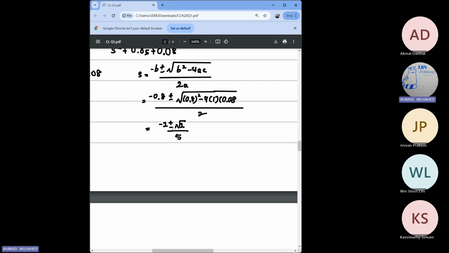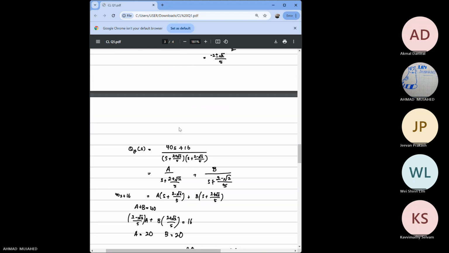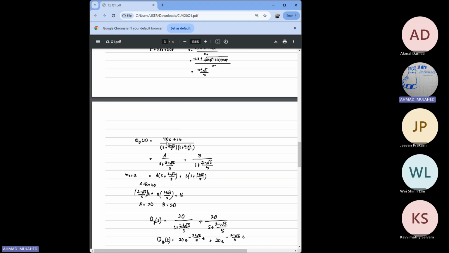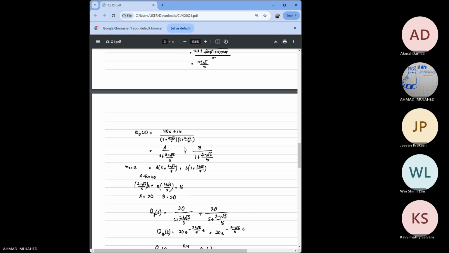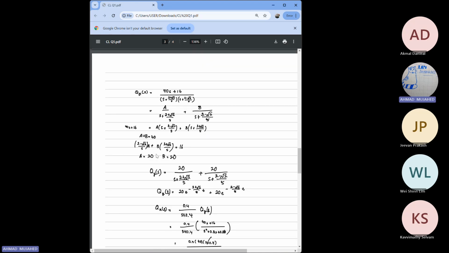Negative 2 plus minus root 2 per 5. And here they put in partial fraction. So here's the partial fraction before, then here's the one after. So A plus B is 40.